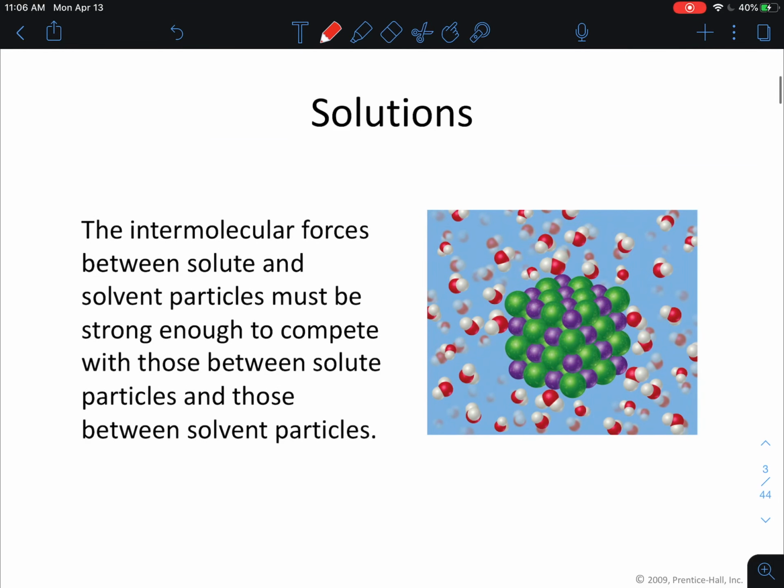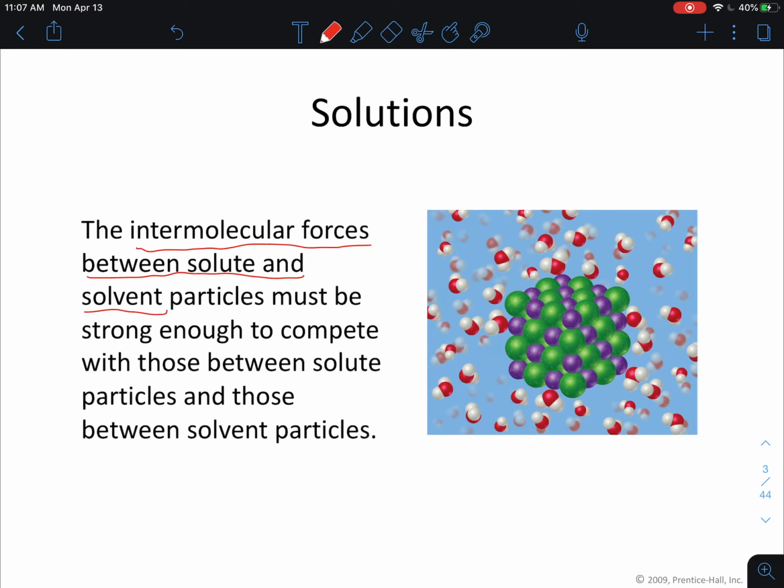We can also think about what's going on in terms of intermolecular forces when we form a solution. You may have talked a little bit about this at the end of the first semester class, but this gives us a good picture of exactly what's going on. When we think about what happens in a solution, we're considering the intermolecular forces between solute and solvent.